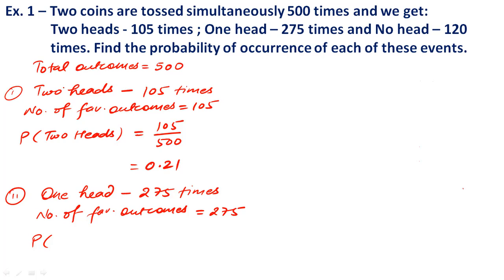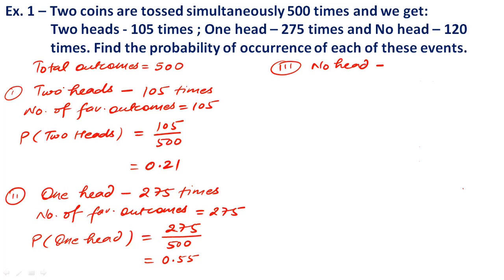So what will be the probability of getting one head? That is equal to the number of favorable outcomes, which is 275, divided by 500. When we divide 275 by 500, we get 0.55.